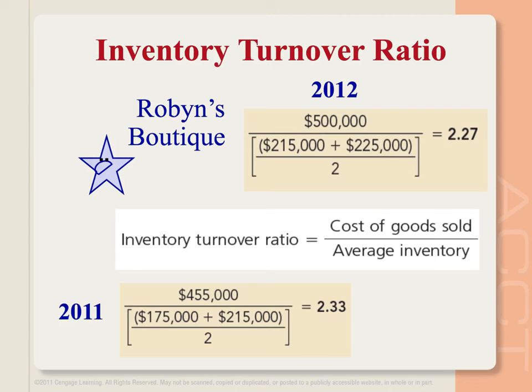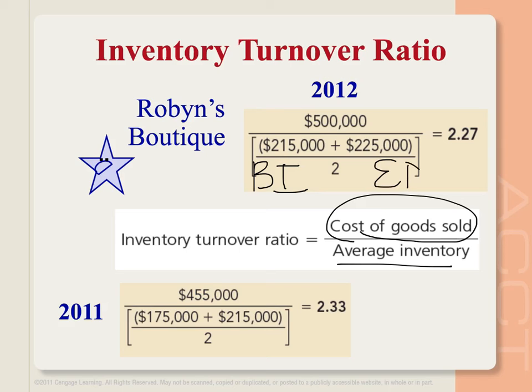Whether these inventory turns are good is totally dependent on the industry and the company's standards. How do we make this calculation? We take the cost of goods sold divided by the average inventory. Again, that's beginning inventory plus ending inventory divided by 2.